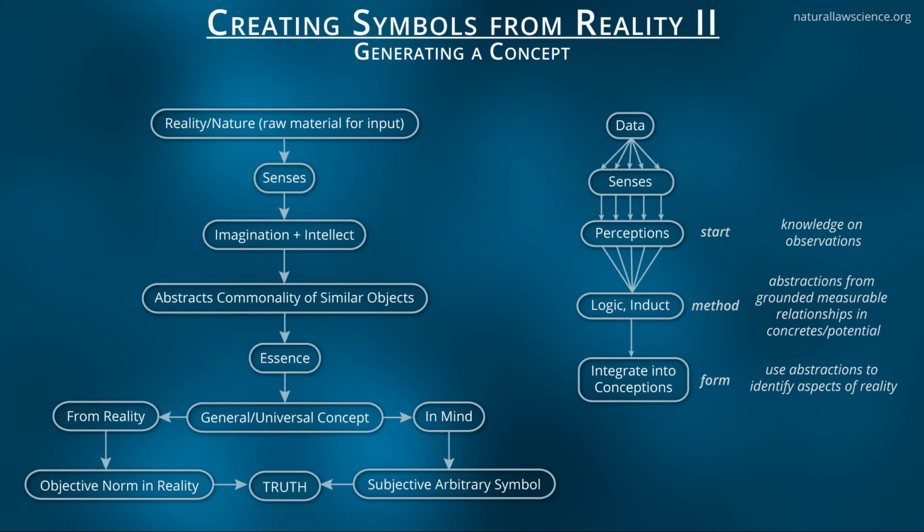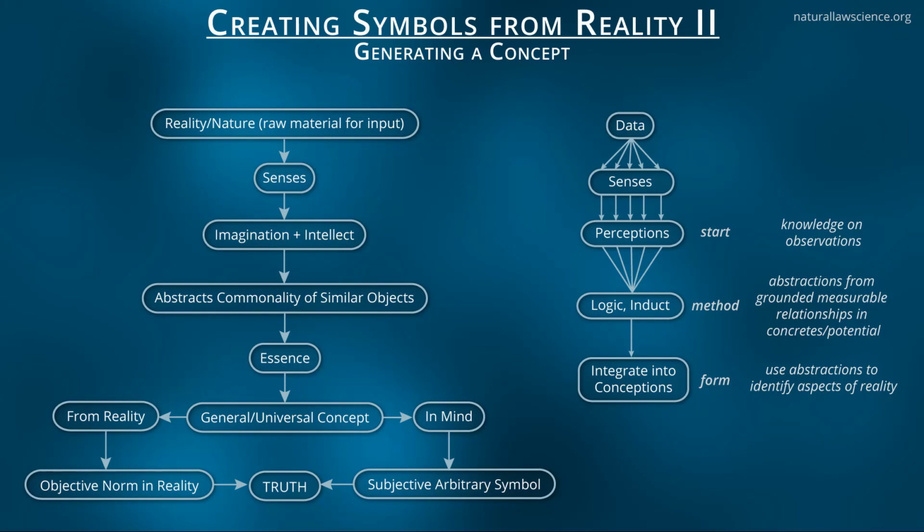So when we integrate into our concepts, into conceptions from logic, that's the form. The method was to create the conceptions. The form of the conception is what results. That's the shape that results from our input of perceptions, the knowledge of observations in reality. We abstract measurable relationships from that grounded information, and then those relationships get formulated into conceptions.